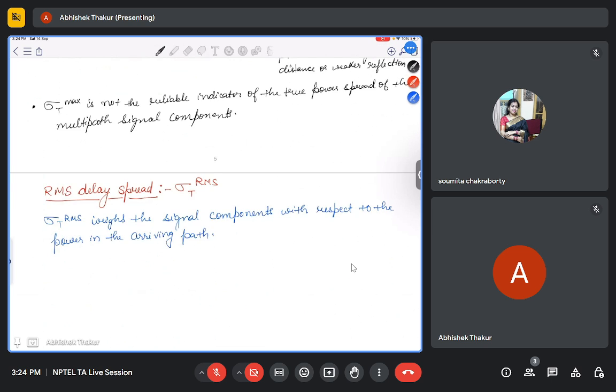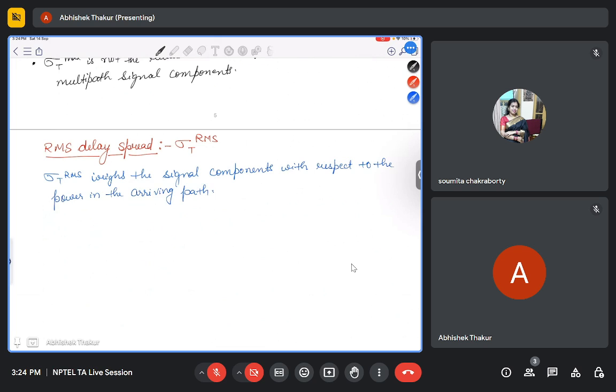For this, we will take a new quantity, that is Bi, equal to mod Ai squared divided by the total power.